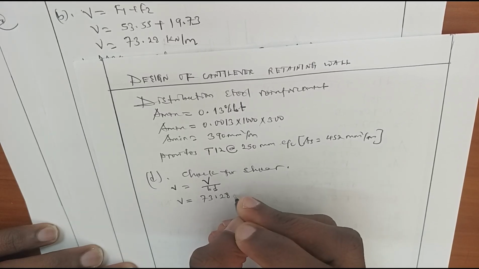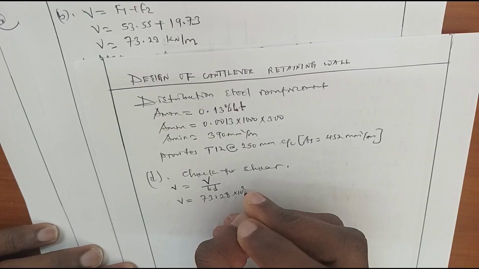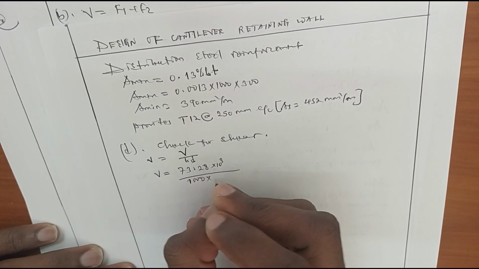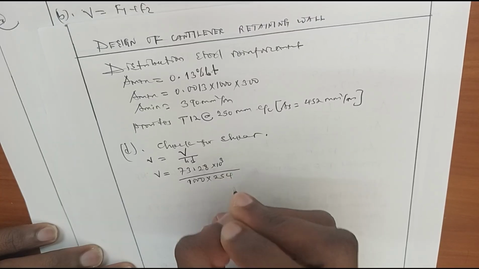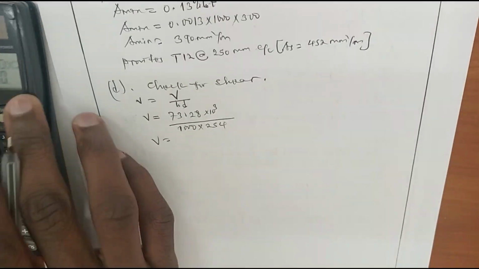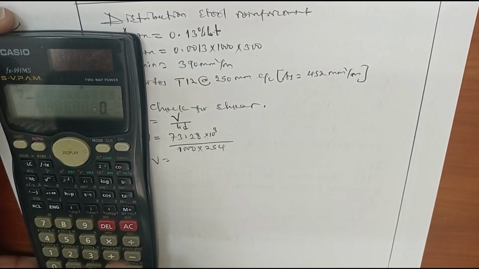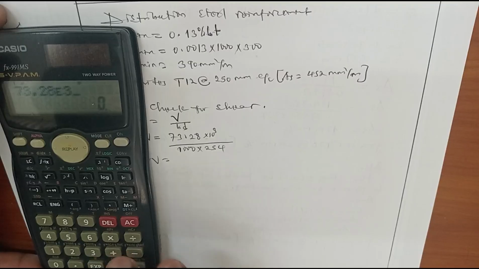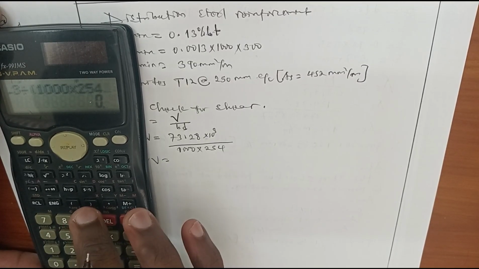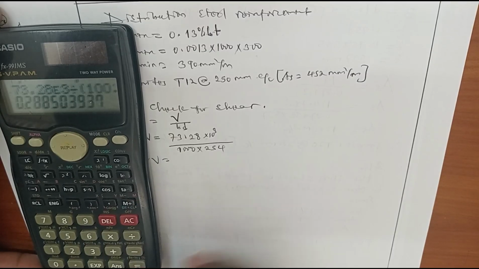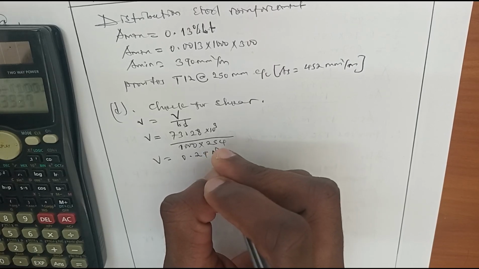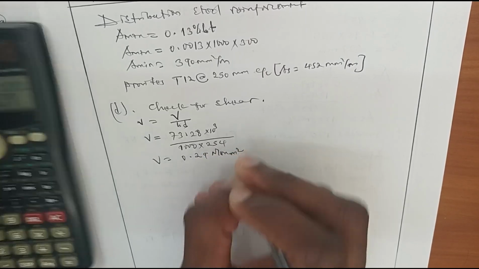So to make it Newton, we multiply by 10 to the power 3, over BD, where B is 1000 times effective depth, which is 254. It will be equal to 73.28 times 10 to the power 3 divided by 1000 times 254. It will be equal to 0.29 Newton per millimeter square.